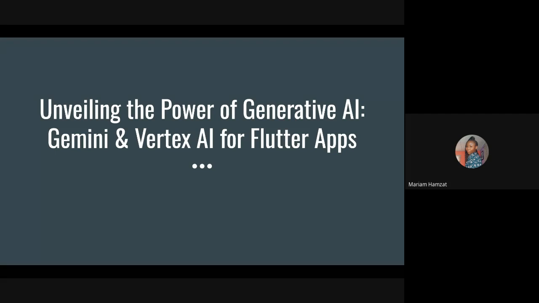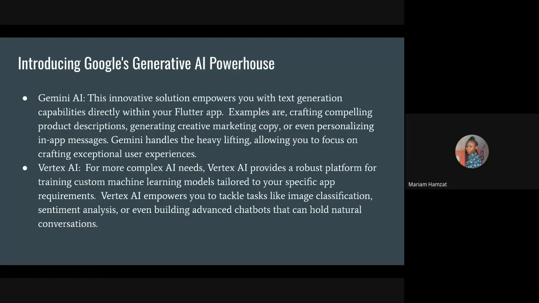That is why I have this section that says unveiling the power of generative AI. We have two Google generative AI powerhouses, which are Gemini AI and Vertex AI. Gemini AI basically empowers you with text generation capabilities. So it generates text for you.